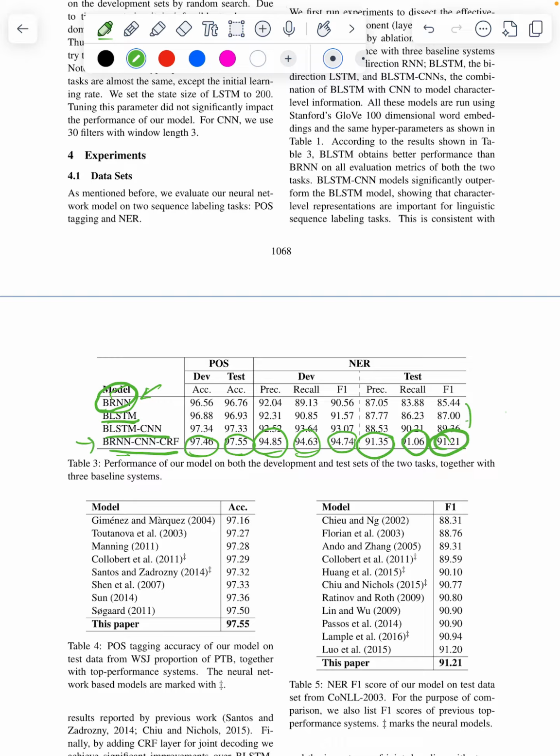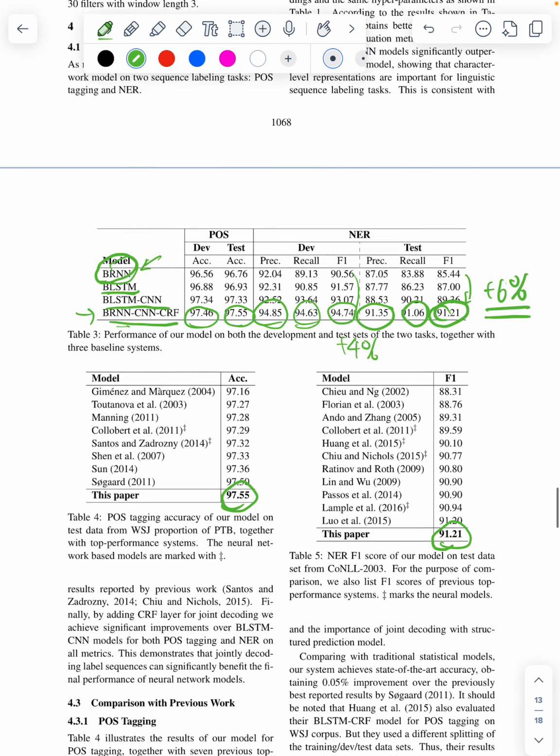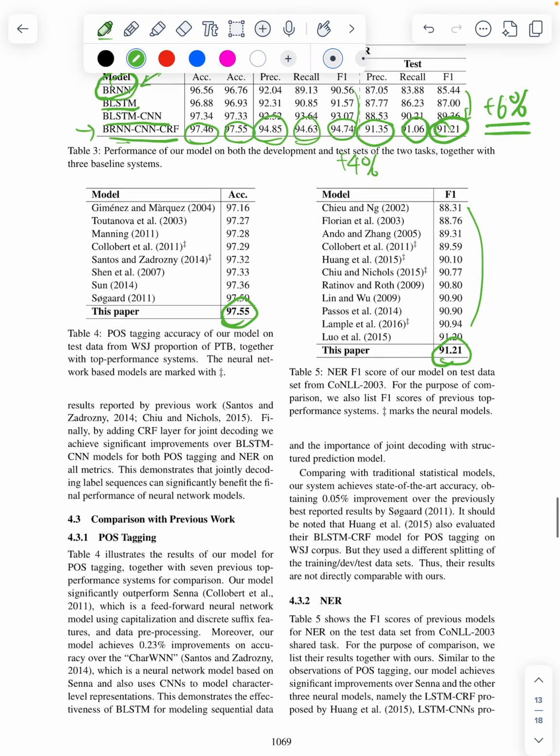But this is a significant bump. It's 6%, which is respectable. This one's also +4. In the model, it's the usual spiel of how they beat state of the art at the time, what they reported.